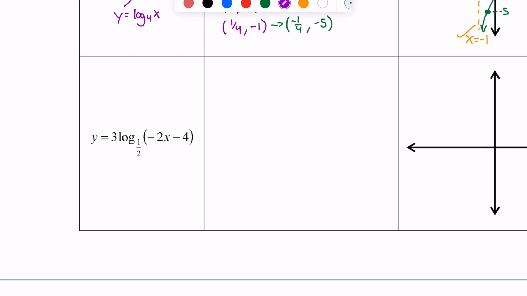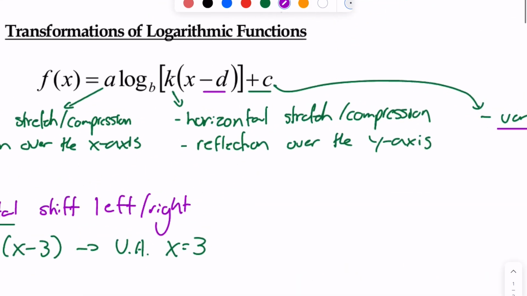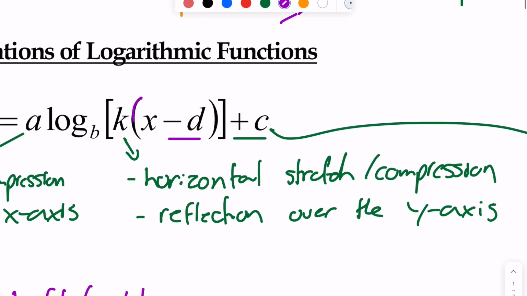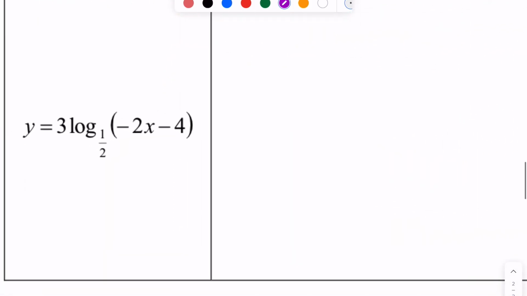Whenever you see a number next to the x, right, like this, and there is no bracket, okay, because look, there needs to be a bracket here separating the number and the x. So because I don't see that, that tells me I have to first factor that -2 out.